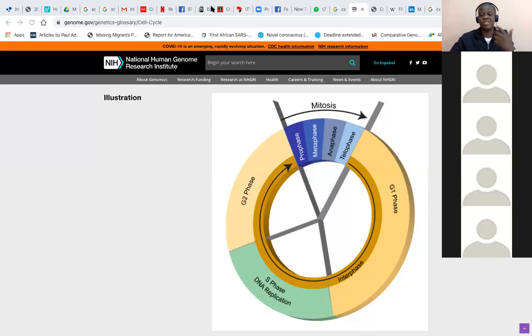Growth means growth. It is increasing in size, so the cell will become big enough to accommodate whatever is required.